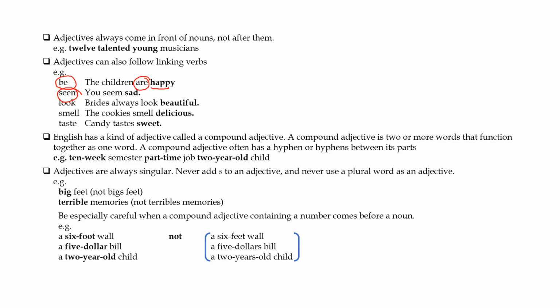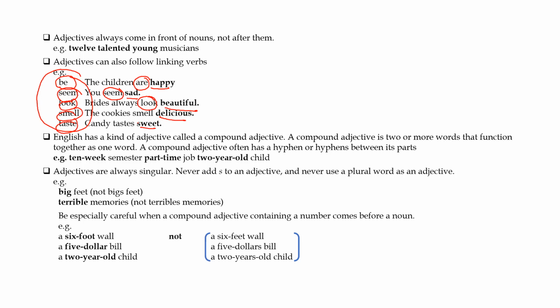Seem, look, smell, taste are also linking verbs. These linking verbs are placed before the adjectives. For example, in a sentence like "You seem sad," seem is a linking verb, and sad is an adjective. Cats always look beautiful. Look is a linking verb which is followed by the adjective beautiful. The cookies smell delicious. And the last one, candy tastes sweet.